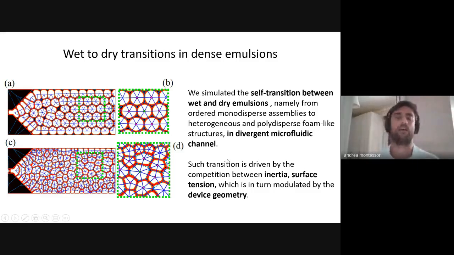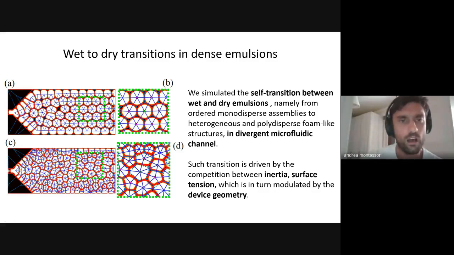As I will show you, this transition is driven by a very subtle competition between inertia and surface tension, and this competition is modulated by the choice of the device geometry, which in our case is the choice of the aperture angle of the microfluidic channel.